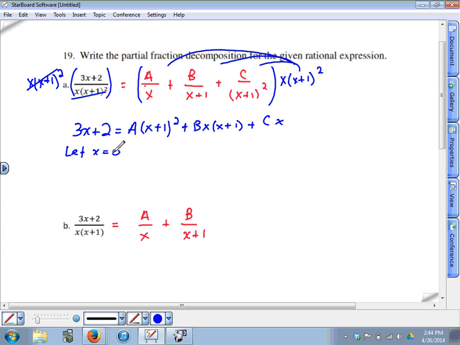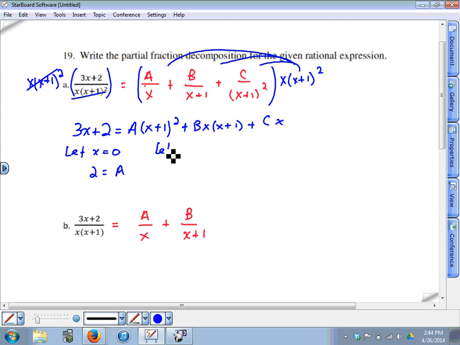If x particularly is 0, then that cancels the C term, also cancels the B term, and will allow us to solve for A. So if x is 0, 3 times 0 plus 2 is 2, and then here 0 plus 1 is 1, 1 squared is 1, 1 times A is A, and the B and the C term would have canceled, so just from that one value of x we found the value of A.